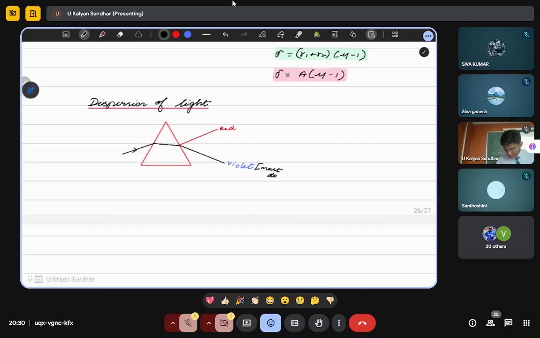The most deviated and the least deviated.